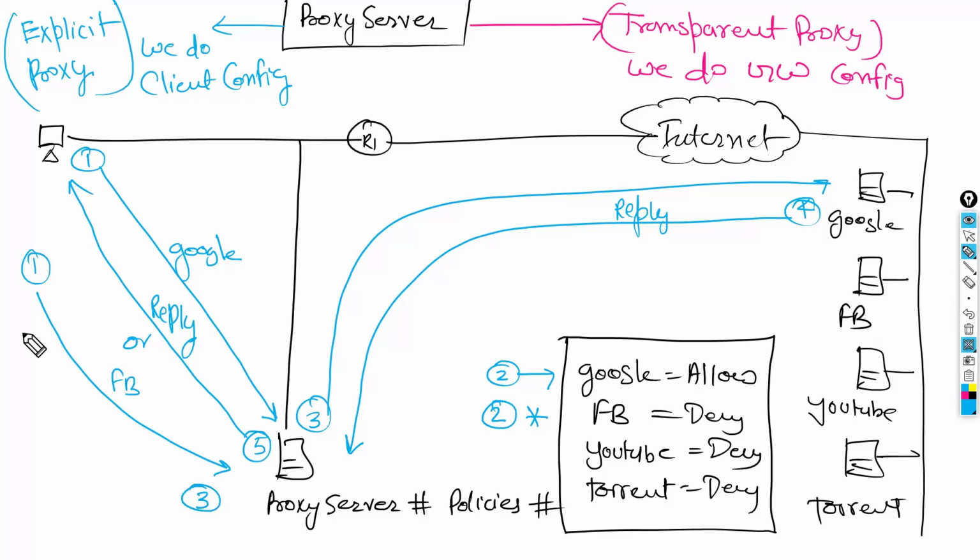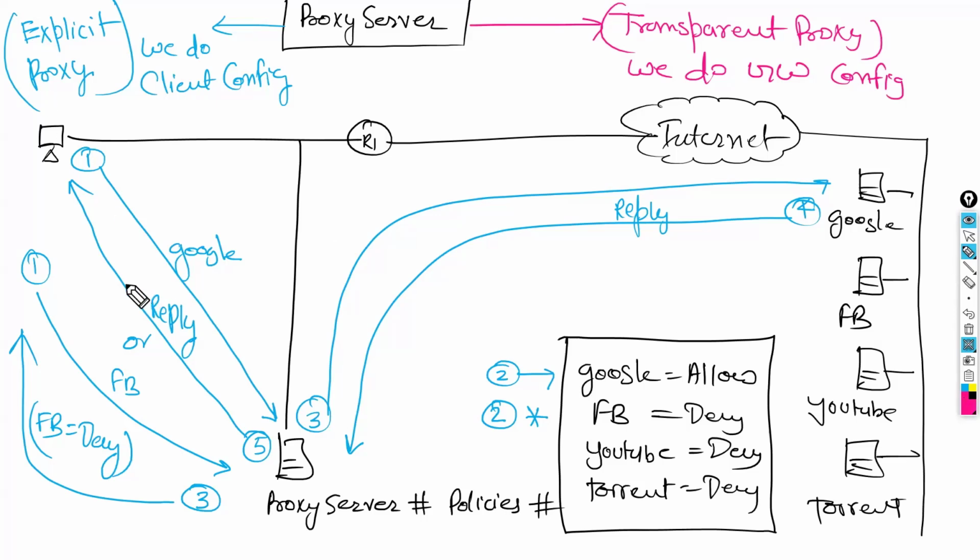Now, in third step, proxy will say to client, Facebook is equal to deny. You can't access Facebook website. So whatever the URLs you will allow, they will be allowed. Rest of the URLs will be deny. Any problem? Okay. Now what we need next is here.